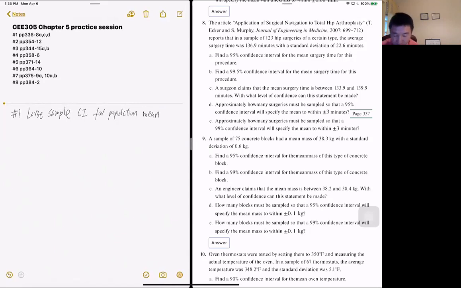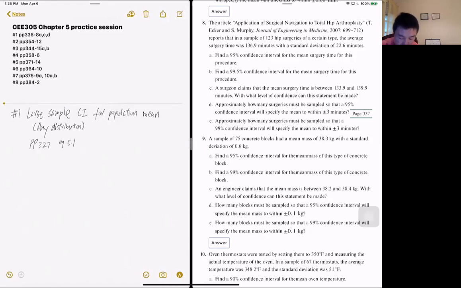Because the sample size is large, this is suitable for any type of distribution. The equation is from your textbook, page 327, equation 5.1.